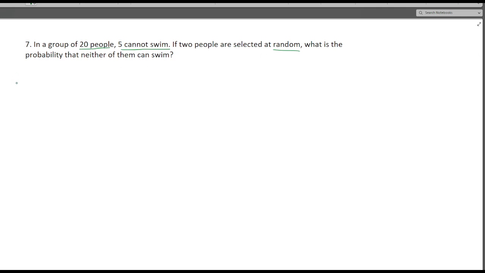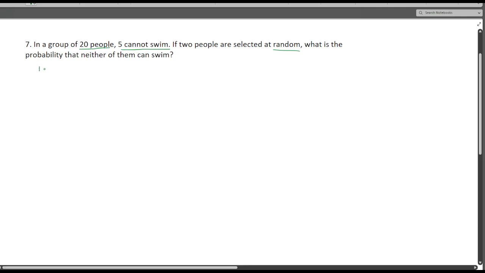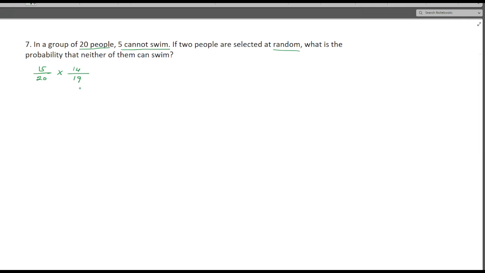So first person is not able to swim, its possibility is going to be 15 divided by 20. And once I select one person, the second person who cannot swim will be 14 divided by 19. Okay, so here we are selecting 2 people at random. What is the probability that neither of them can swim?